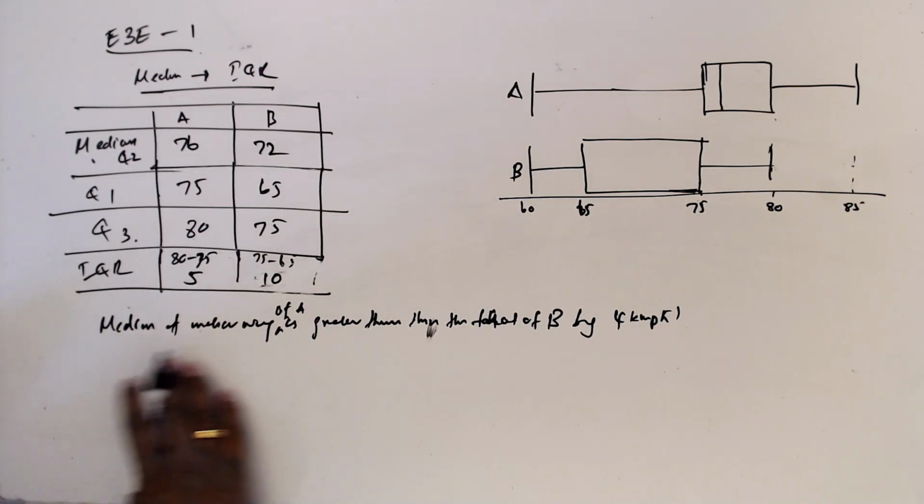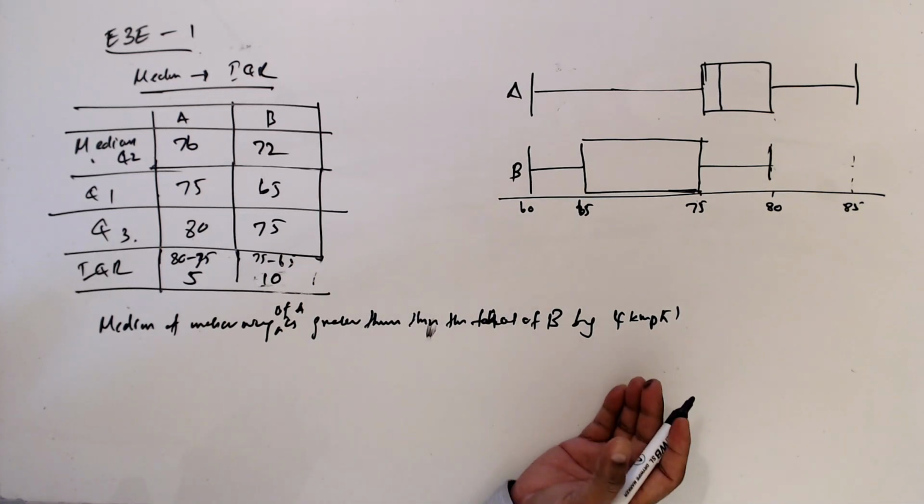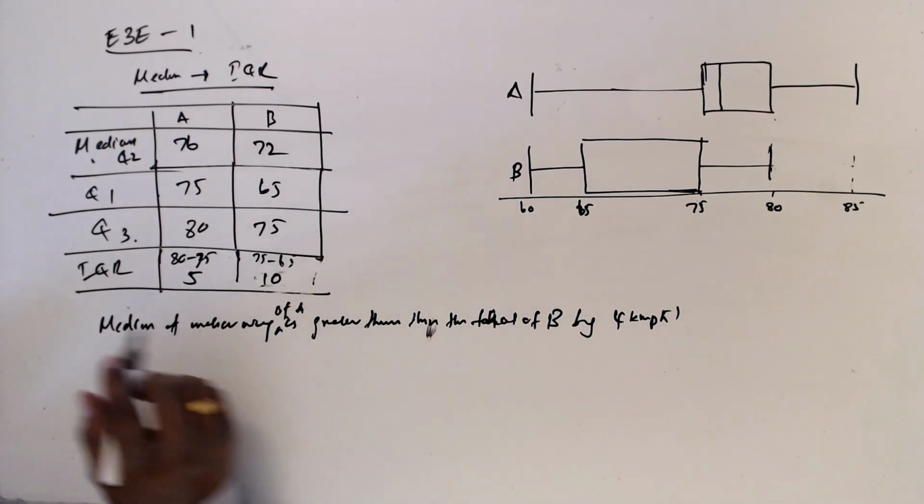So we can tell that the median of A is greater than the median of B by 4 kilometres per hour.